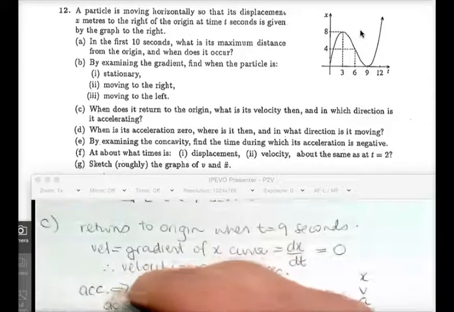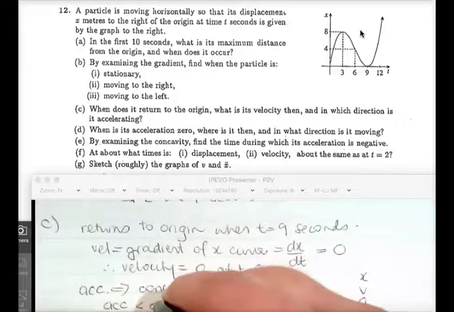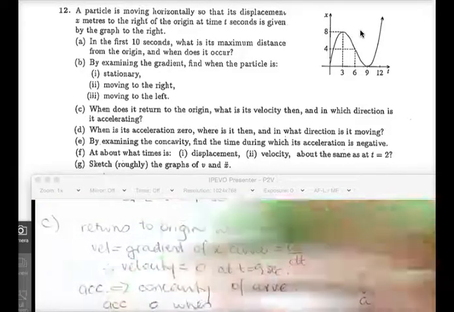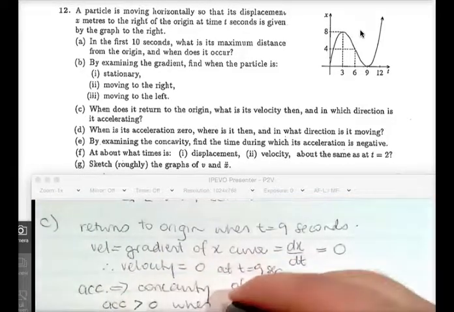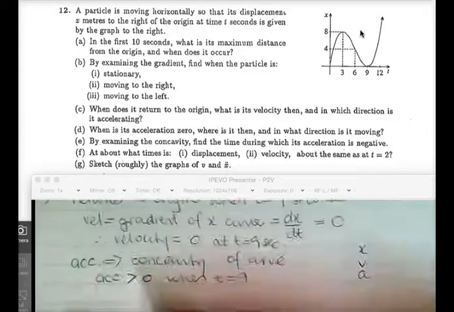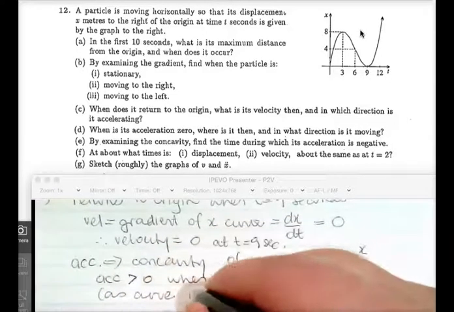So acceleration is less than 0. It's not. It's greater than 0. It's concave up. Acceleration is greater than 0 when t equals 9, because the curve of x is concave up.